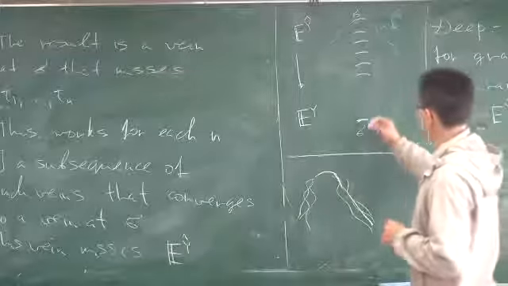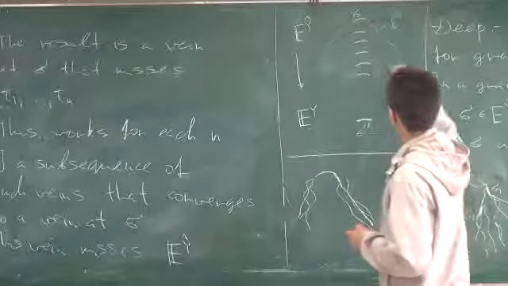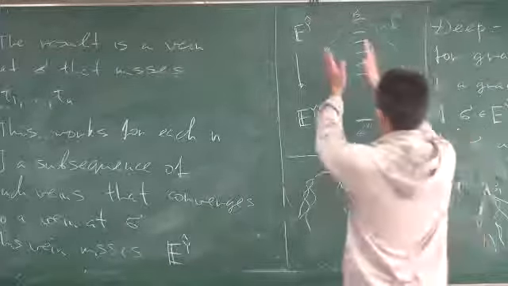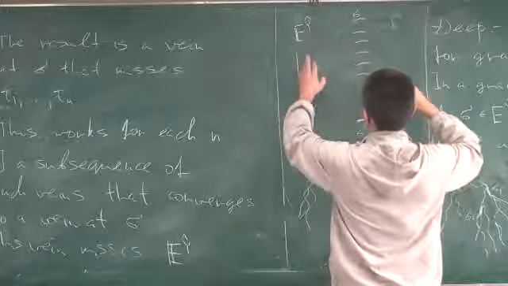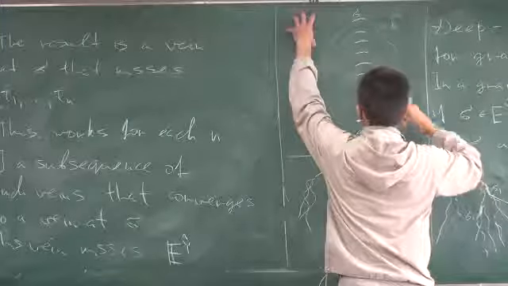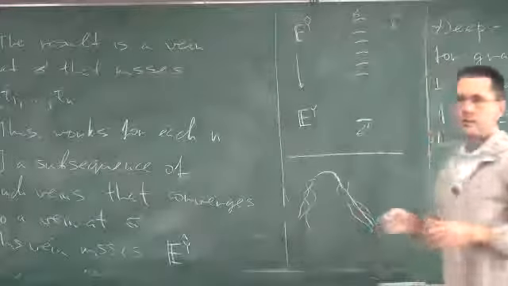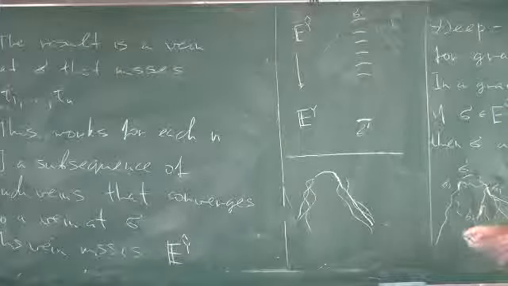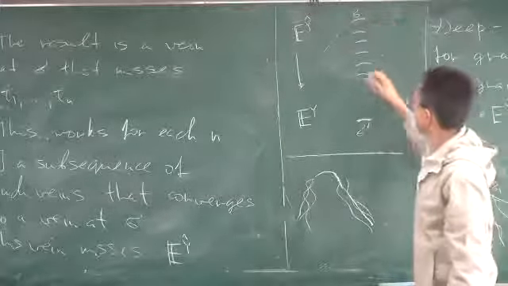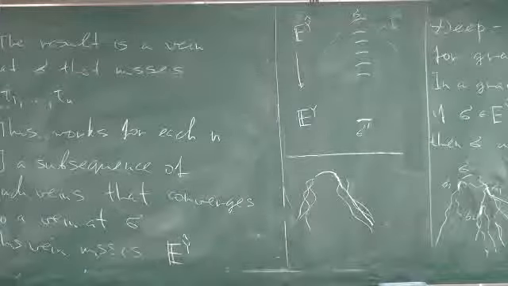Okay, so what happened here then? We split the edges into essential ones and the inessential ones. The inessential ones are in blue. Now consider this vein. And what's the image of this vein?